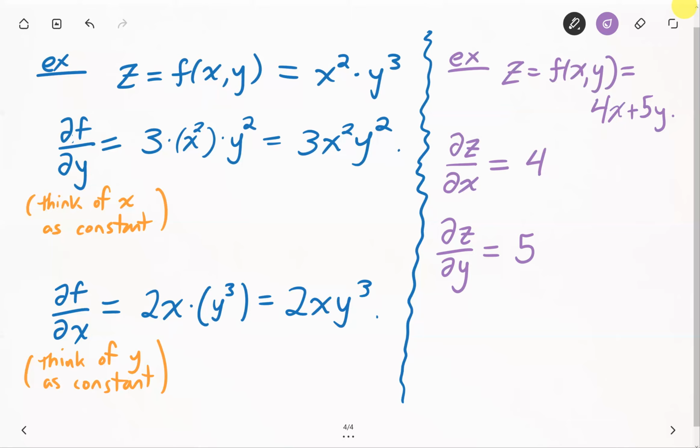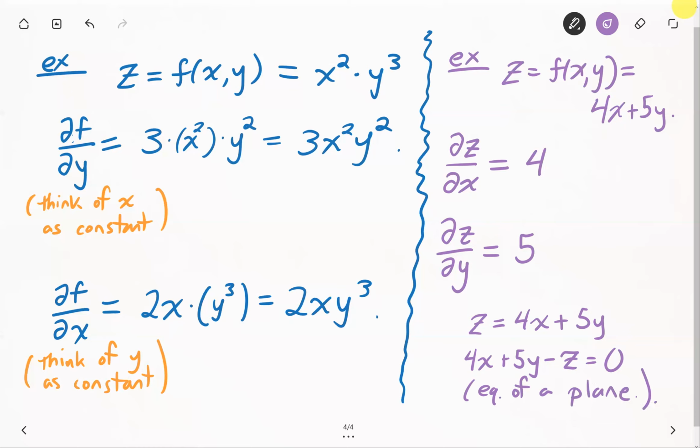And one reason to think of why that might make sense for this problem is the original equation was z equals 4x plus 5y, but I could actually rearrange this in the form 4x plus 5y minus z equals 0, which is the equation of a plane. You might recall a plane is just a flat surface with constant slope in each direction. Just like a line has constant slope in 2 dimensions in algebra or in calculus 1, here we have a plane which has constant slopes in both directions.